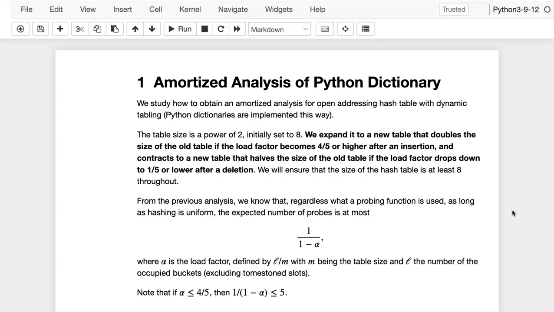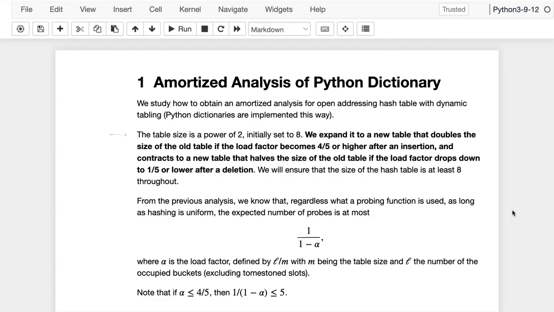Our assumption here is that we will maintain the size of a hash table to be a power of 2 throughout the operations, initially set to 8.